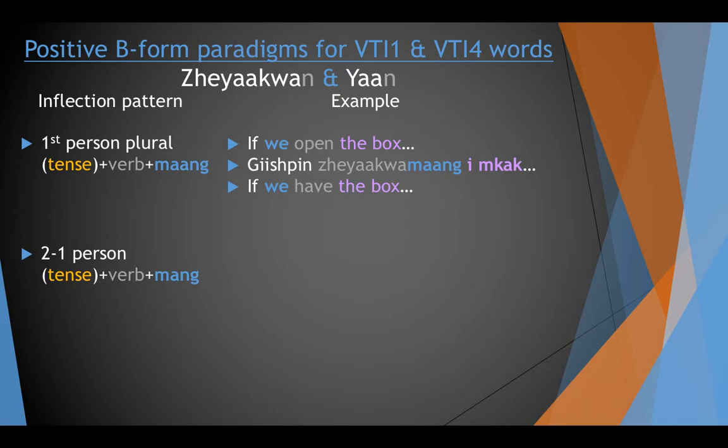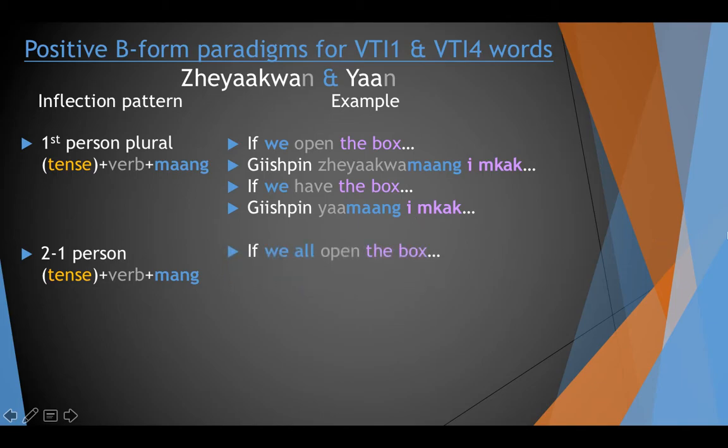All right. So the translation for if we have the box is Gishbin ya mong imkuk. So we just have gishbin, then our verb, replace that end sound with our suffix mong, and then imkuk, the box.